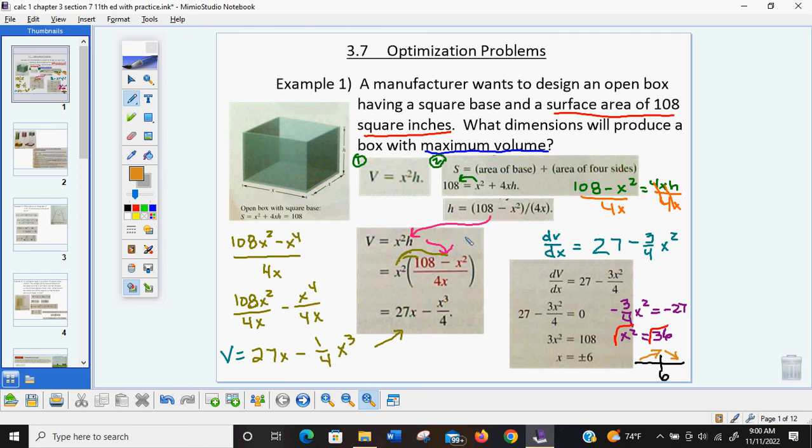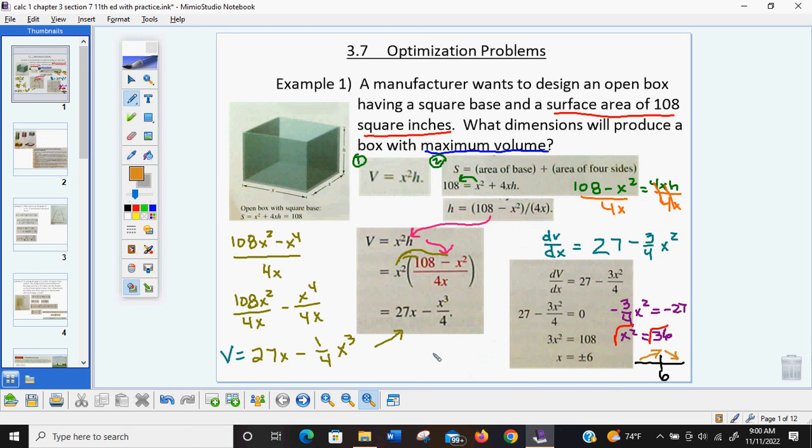Now, if we want to solve for the height, we know x is equal to 6. So for our maximum volume here, we would plug that back into this equation and solve for h.